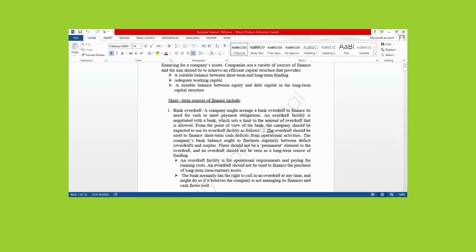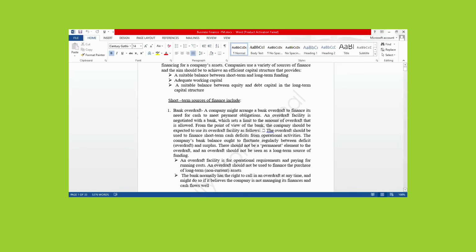Now, from the viewpoint of the bank, the bank expects you to use the overdraft facility as follows.